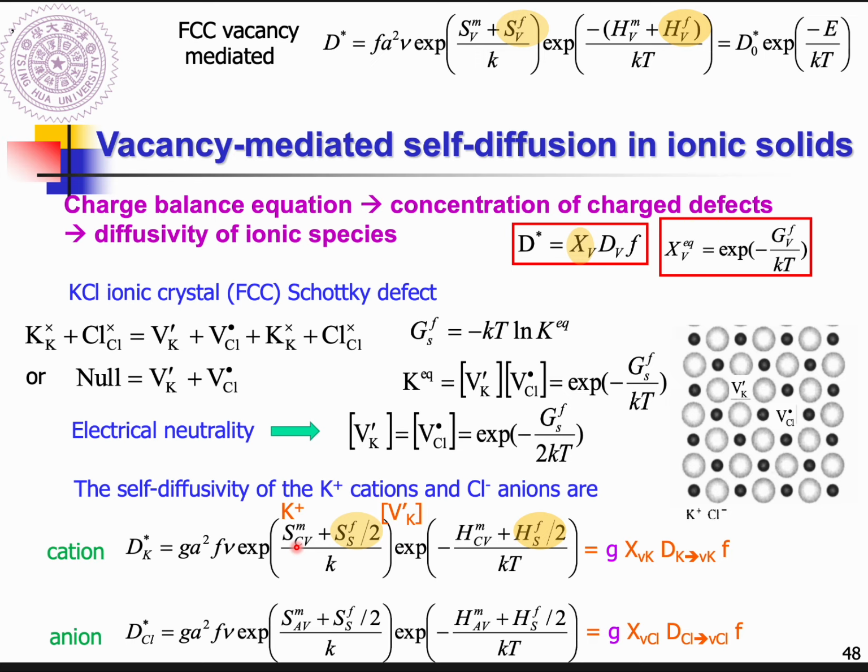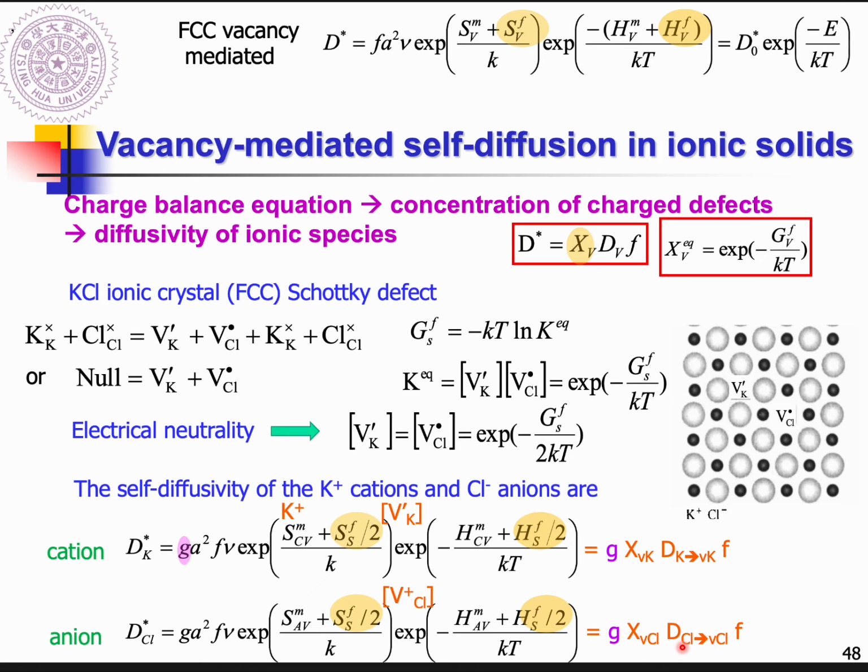This is a cation jump into the vacancy at the potassium side, and you fill out the G part here. And for diffusivity of the anion chloride, the same idea. X_VCl is the same here, so you got this one.